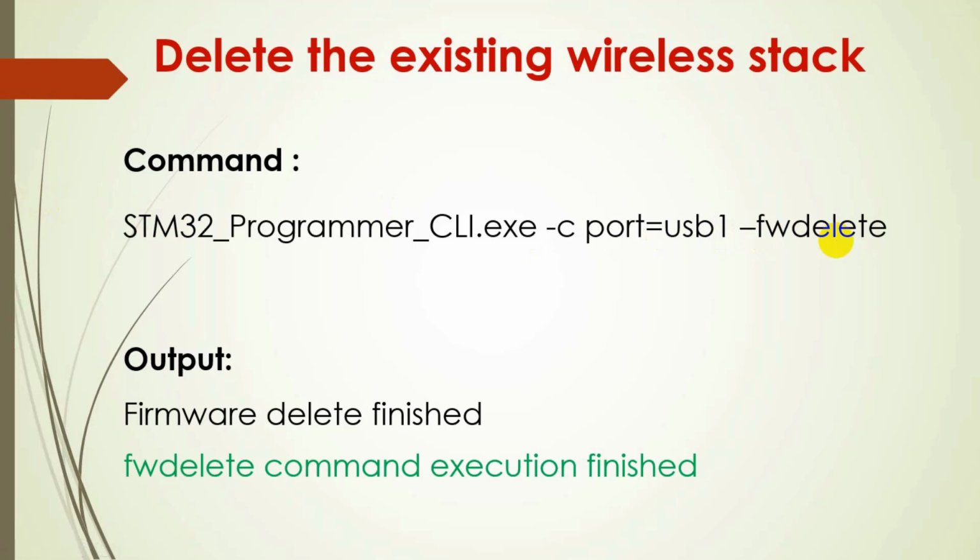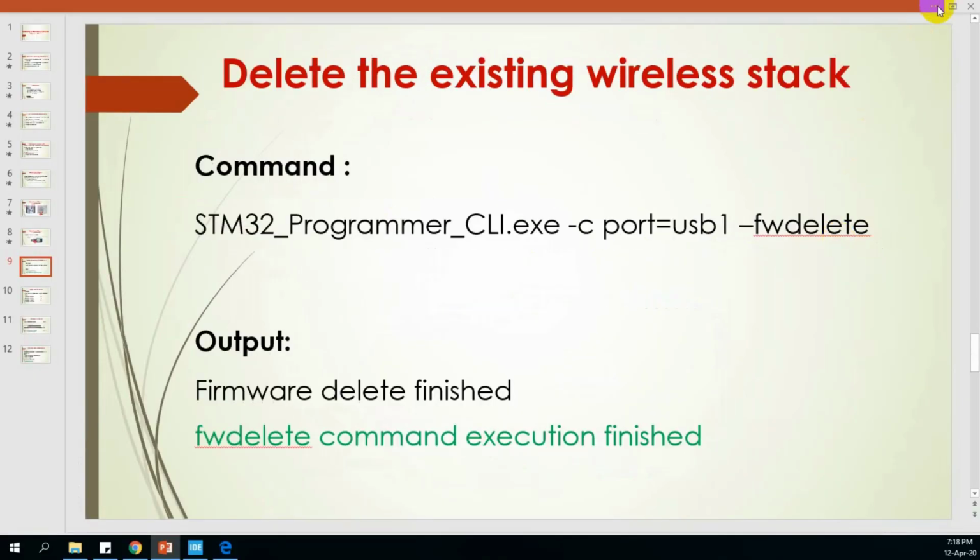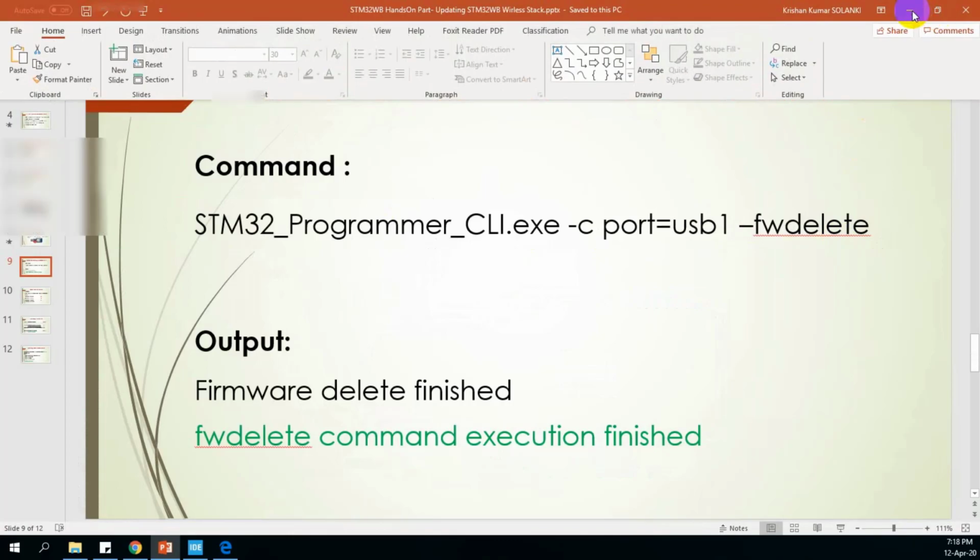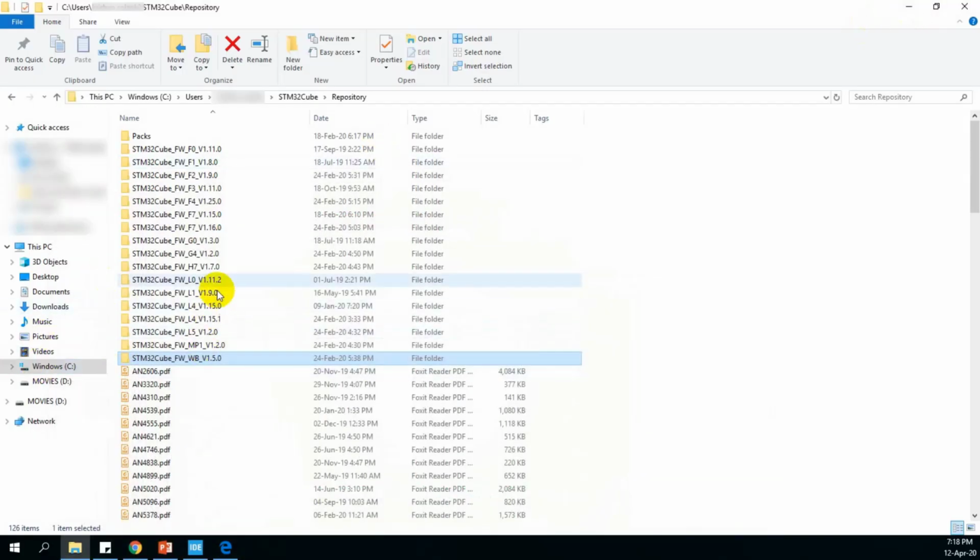To see these commands, you need to go to the firmware package which is available in the Cube repository, or you can download it from the link given in the description.